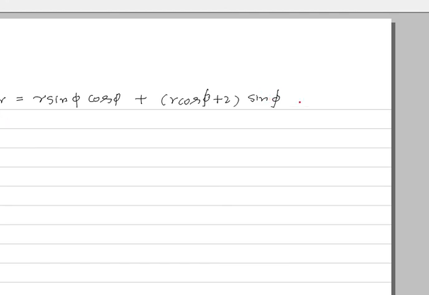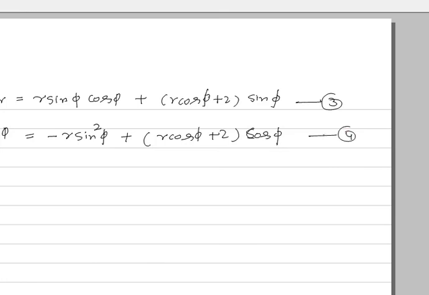Similarly, this equation you can give the name equation 3. Similarly, A phi, put the value: minus r sin phi times sin phi, that means it will be sin square phi, plus r cos phi plus z cos phi. Equation 4. AZ is equal to 0.